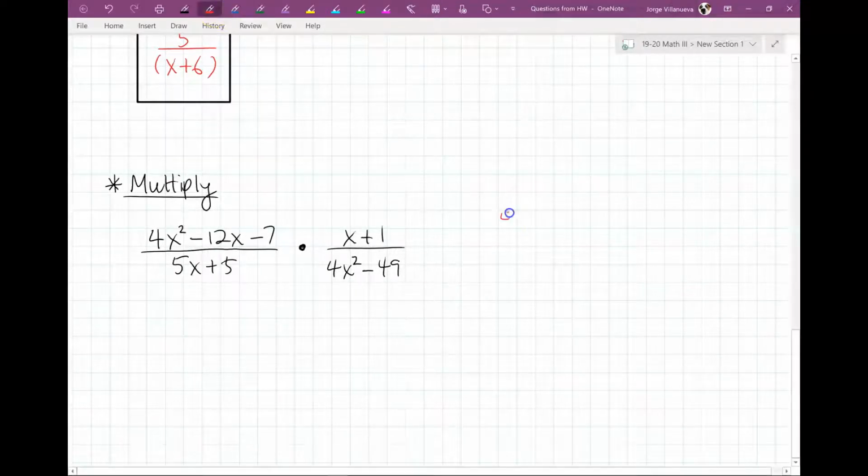Okay, so the 4x squared minus 12x minus 7. So if I multiply, that's a 28. That's negative, and a negative 12. Yeah, negative 12 on the bottom. So two numbers that multiply to 28 and add up to a negative 12, I would say 14 and 2.